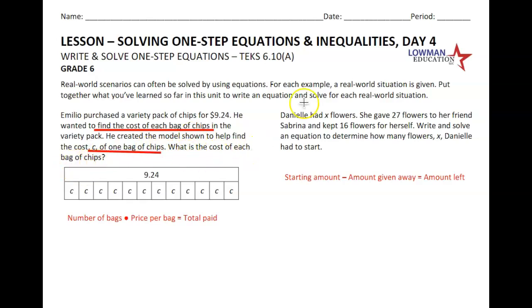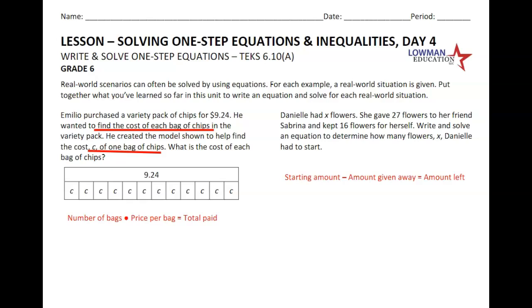What is the cost of each bag of chips? Now, this should remind you of finding unit rate when we did our ratios and rates unit. The cost of one item is called the unit rate, and we'll build on that in 7th and 8th grade. It's called slope, rise over run, and we'll get more into that in our next unit.